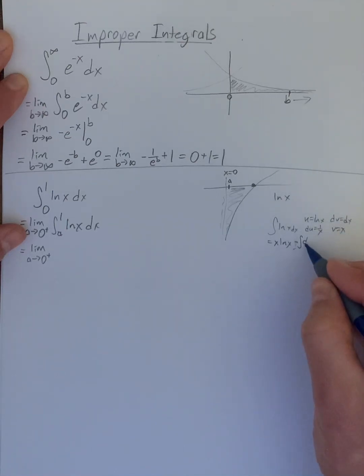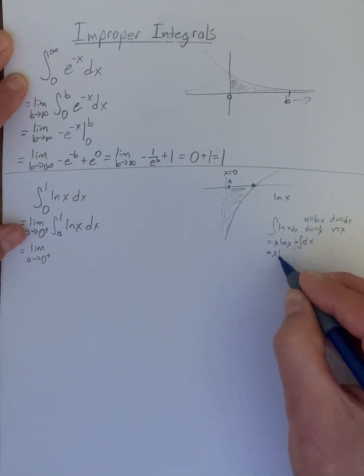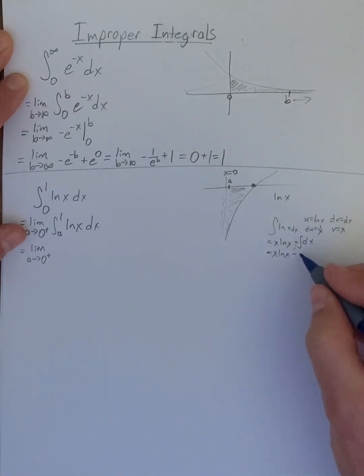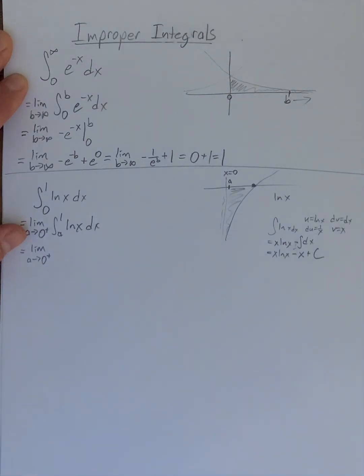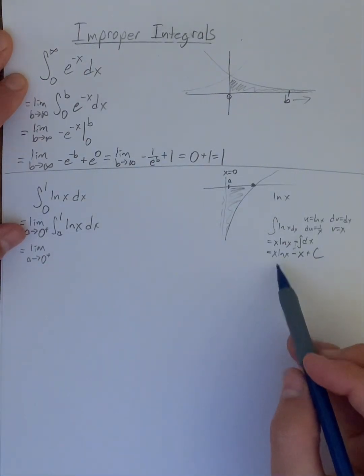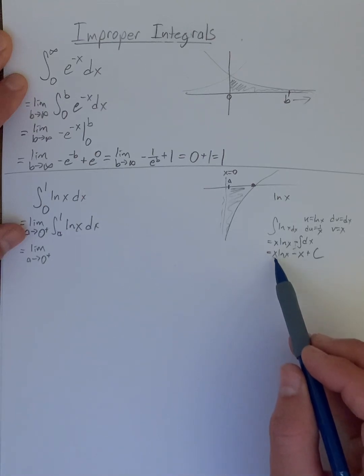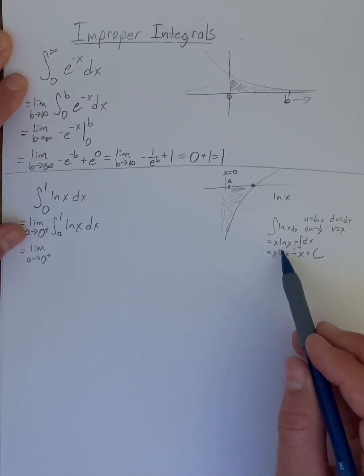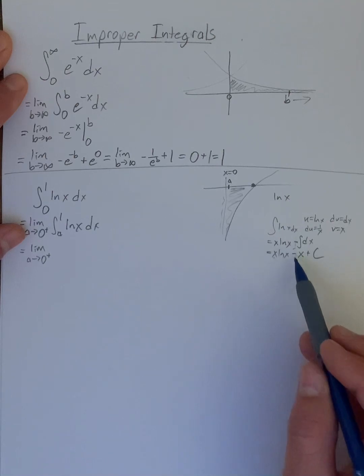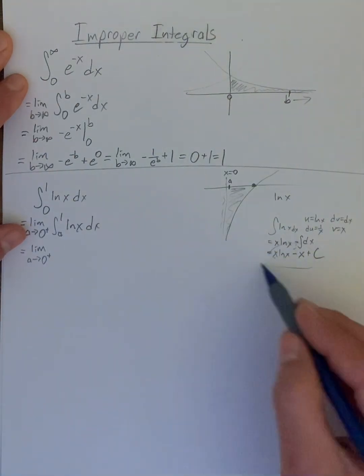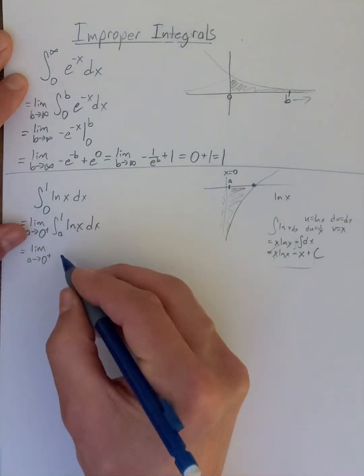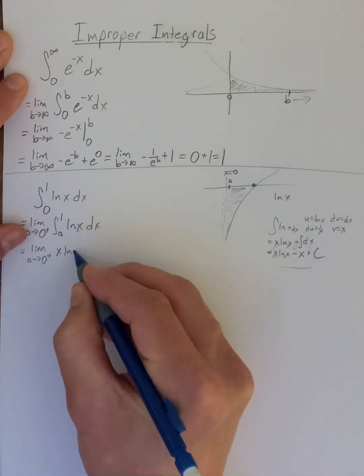Those ones canceled, so you actually have x natural log of x minus x plus c. And the litmus test for whether that's right is to take the derivative. The derivative of this using the product rule is natural log of x times 1, plus x times 1 over x, that's 1, minus 1. So you can see why that would be the integral. I'm going to use that fact over here.